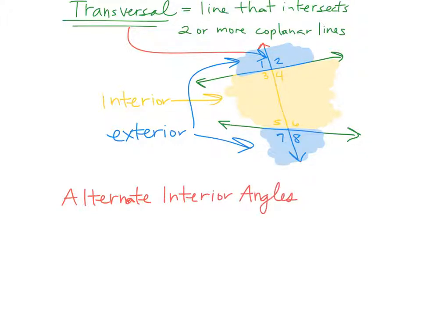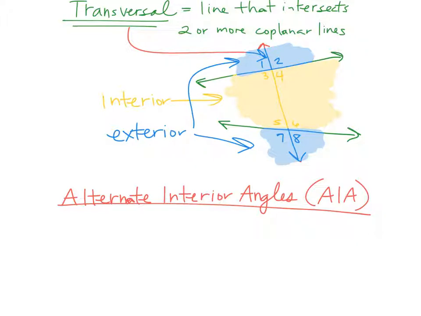Okay, and alternate interior angles, I will often abbreviate as AIA. So if you see AIA, alternate interior angles. So think about what that's saying. Alternate meaning like opposite, and then interior. Anyone think they can give me a pair, so 2 angles, that would represent alternate interior angles?